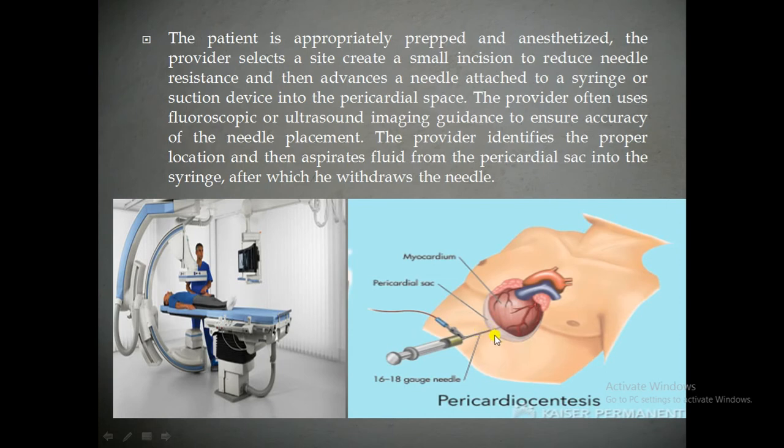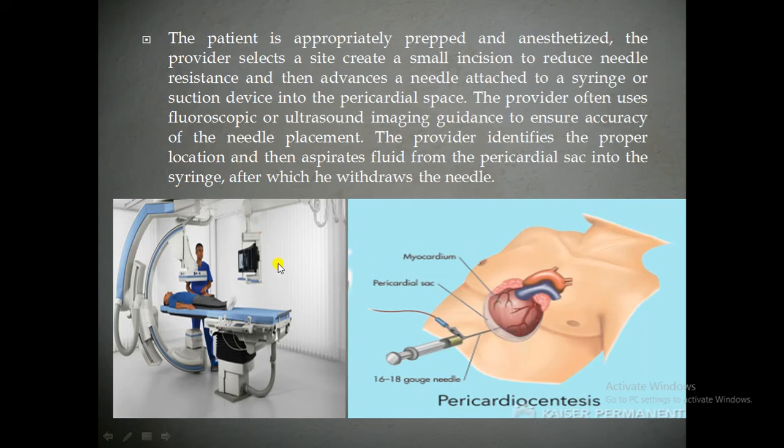He will create a small incision to reduce the needle resistance, and then after the incision he will slowly insert a needle into the pericardial space. This is the pericardial sac, right? He will slowly insert the needle into the pericardial space like this, and then the physician will remove the fluid.